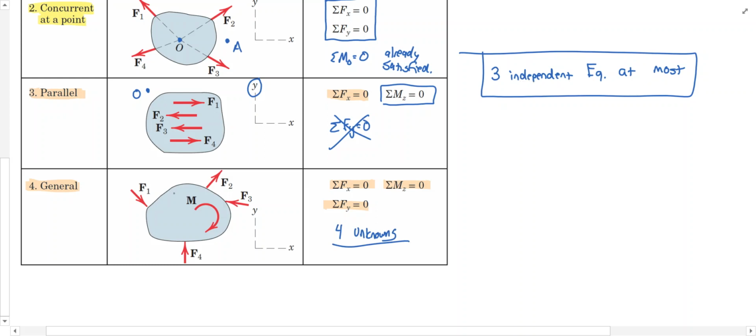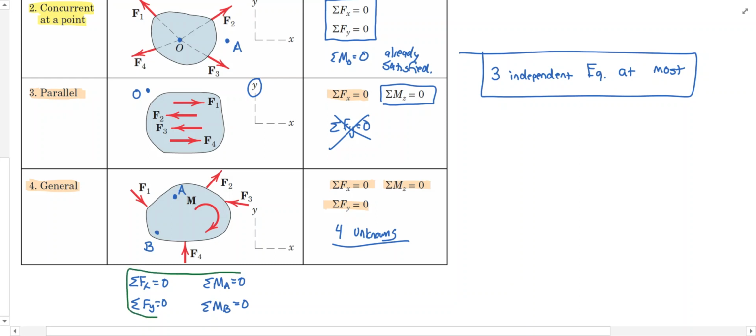So what people will do, they'll say, well, I'll take a moment around A, and then I'll take a moment around B. So I'll do the sum of the forces in the x equals 0, I'll do the sum of the forces in the y equals 0, I'll take the sum of the moments around A equals 0, and I'll take the sum of the moments around B equals 0. Here's the problem. You can only have 3 of these.